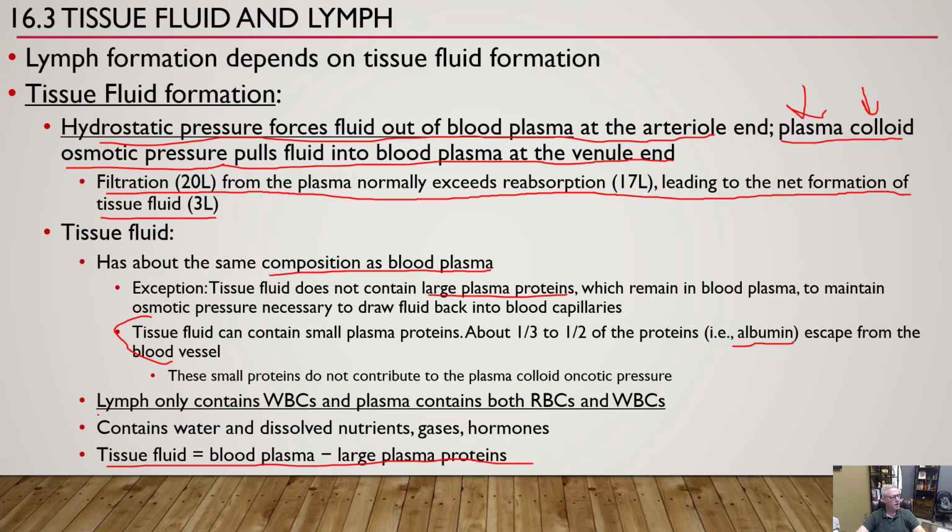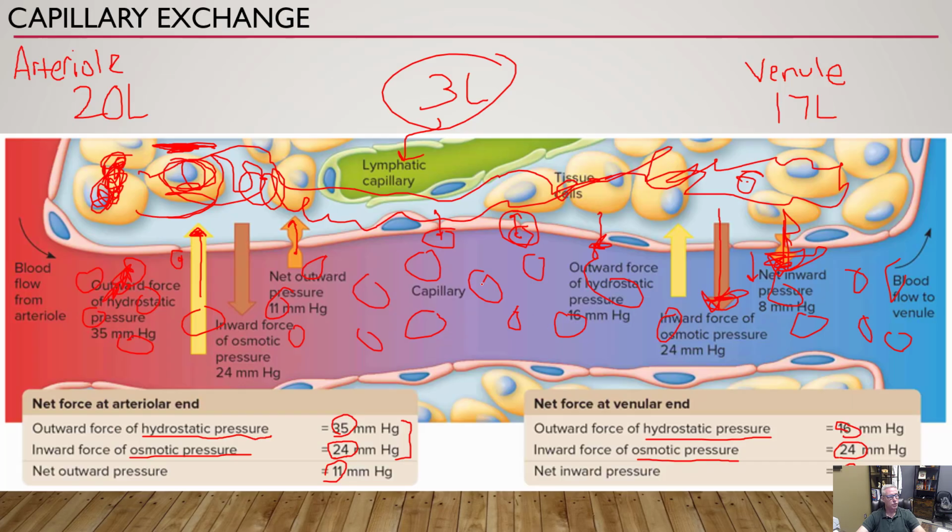White blood cells can be in your lymph, but red blood cells do not leak out. Your red blood cells are going to stay in your plasma, whereas out here you can find some white blood cells.